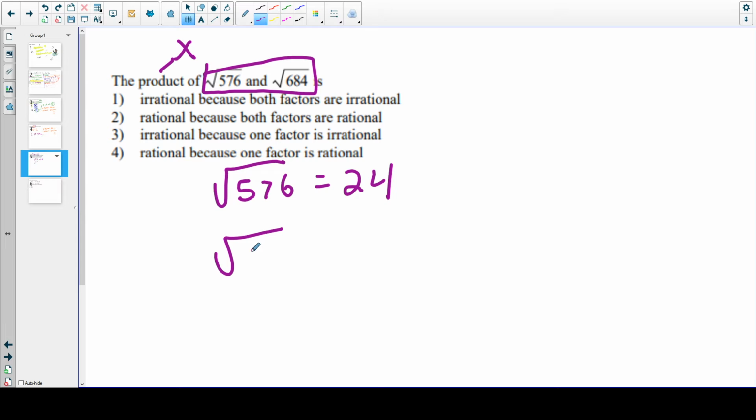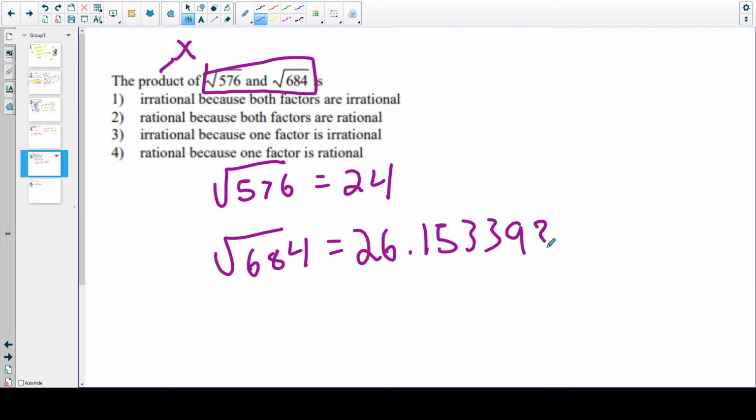And the square root of 684, and I'll put this on my calculator so that we can have the exact numbers, is 26.1533936, and so on and so forth.